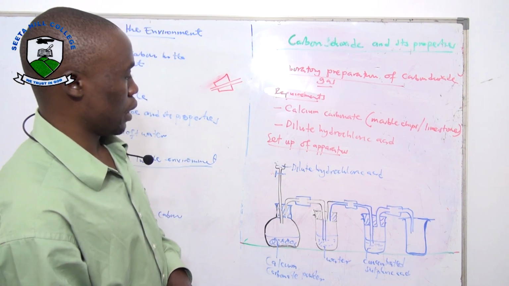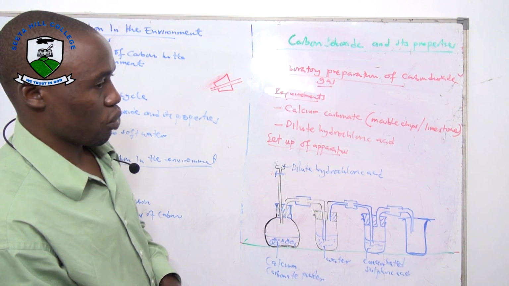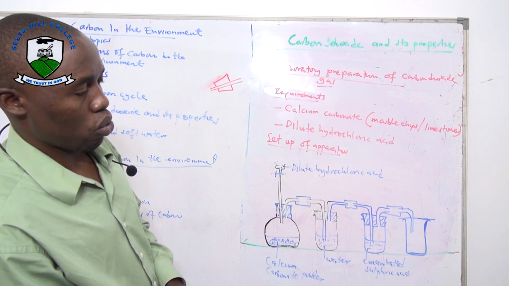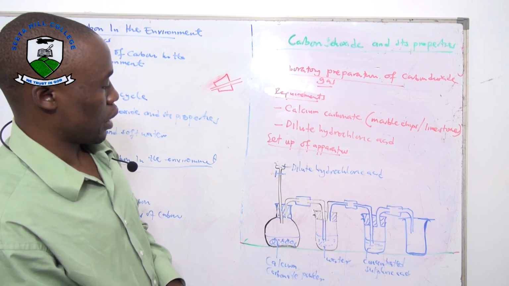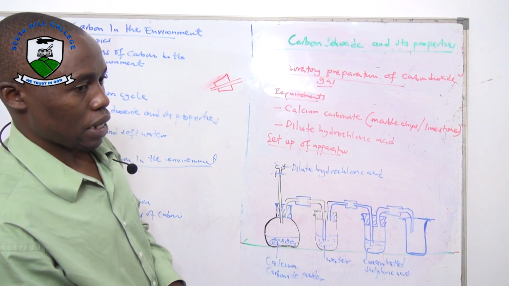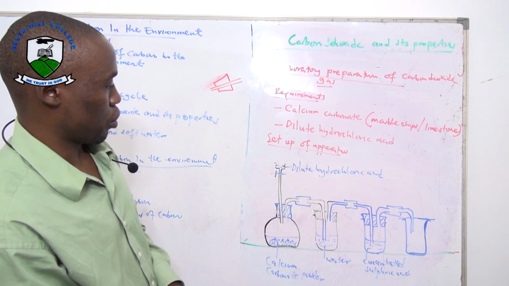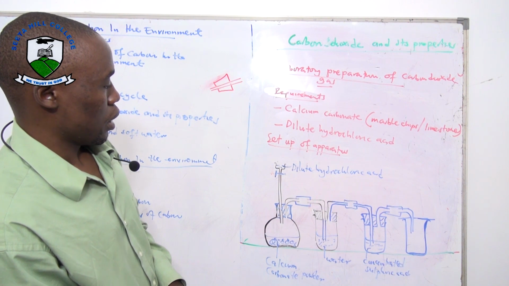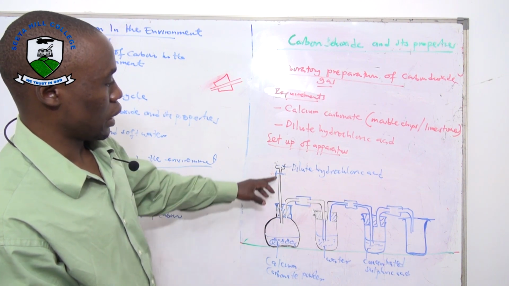Somebody is asking why. I think that will be enjoyed in an actual practical. If you put it at the bottom, we shall compare with when you don't put it at the bottom in the practical. But we are saying that you pour the acid here.